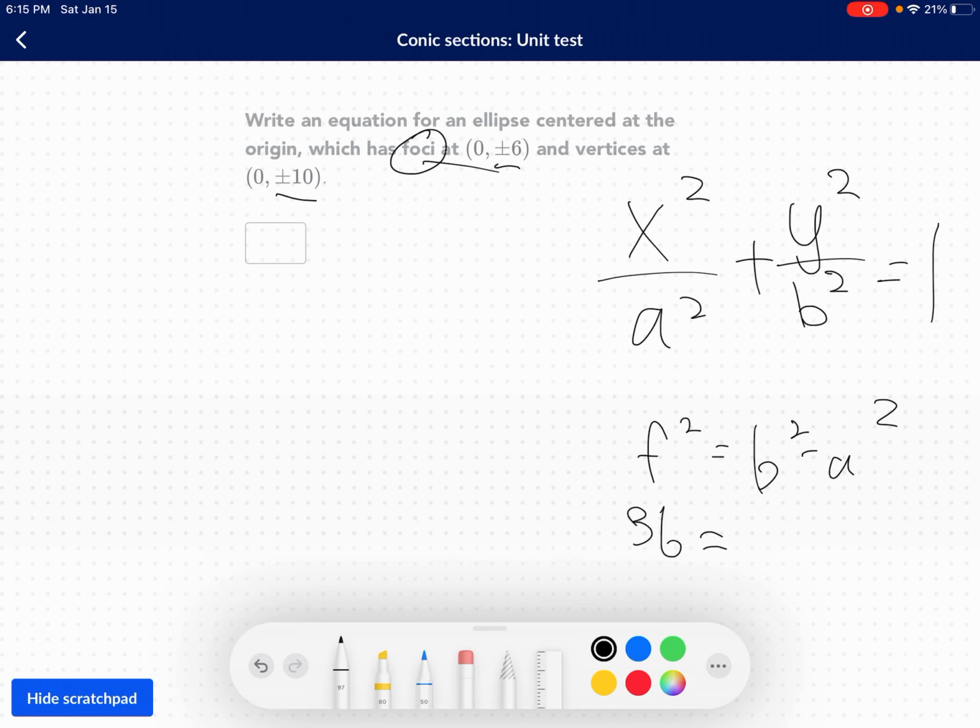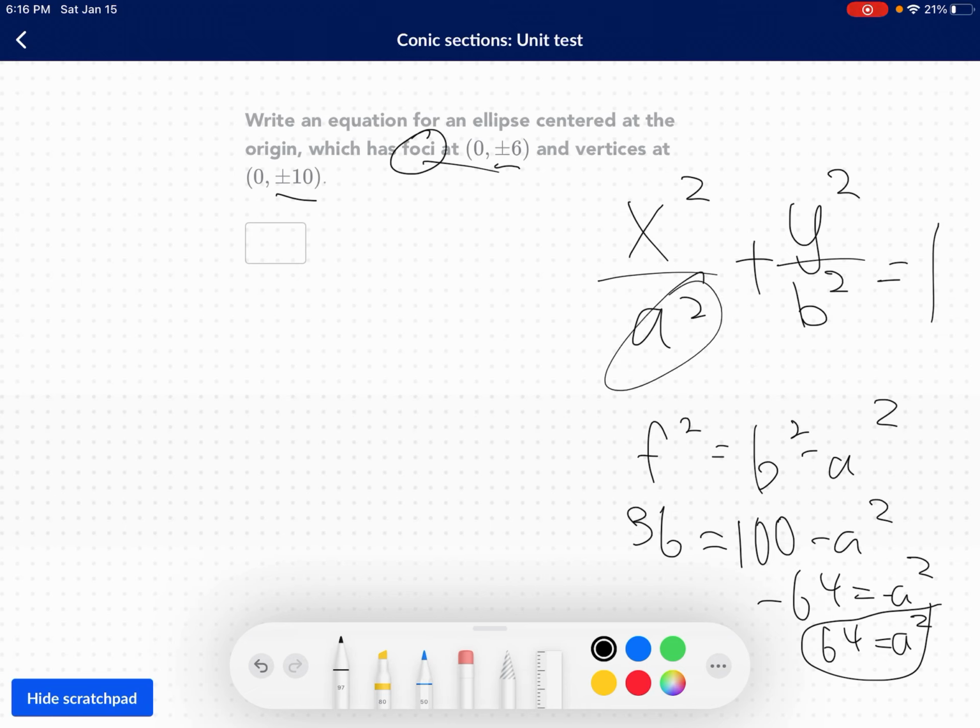So this is 36 equals 100 minus a squared. Subtract 100 from both sides: negative 64 equals negative a squared. Divide by negative 1 on both sides. You get 64 equals a squared, and you don't need to simplify further because that's what's in the formula, and we're trying to find a formula. Then you just substitute.